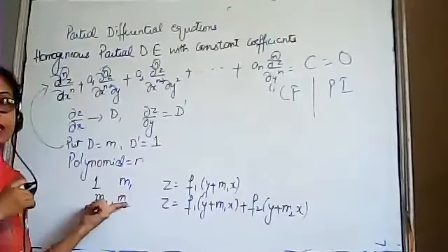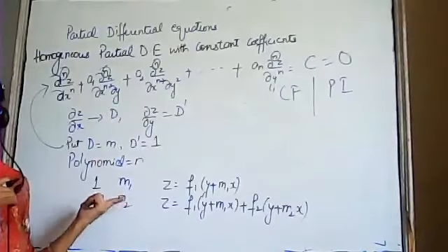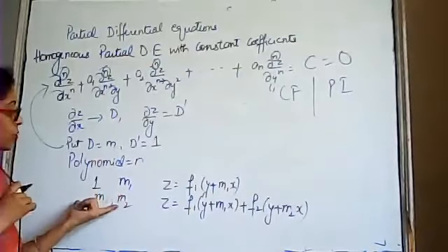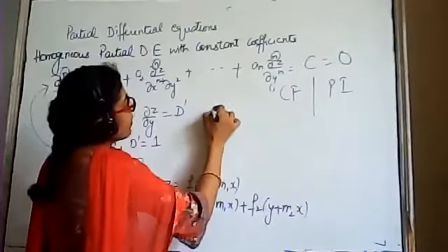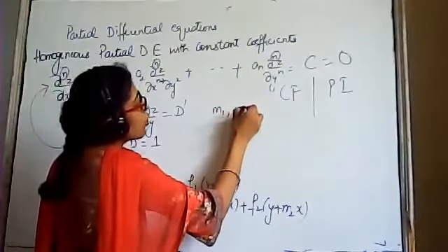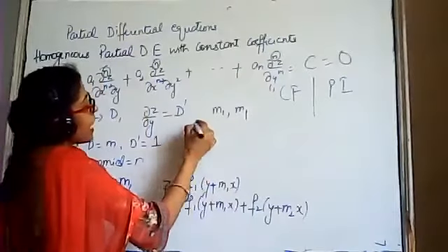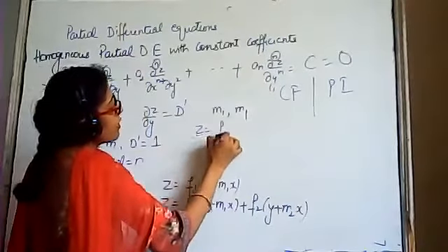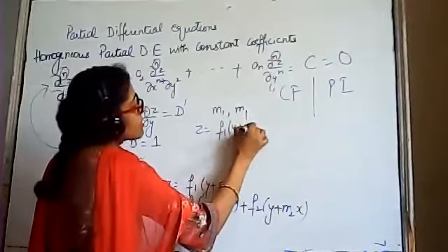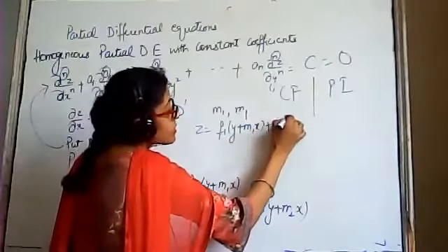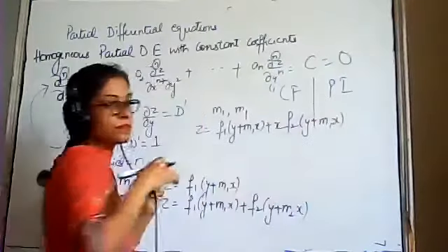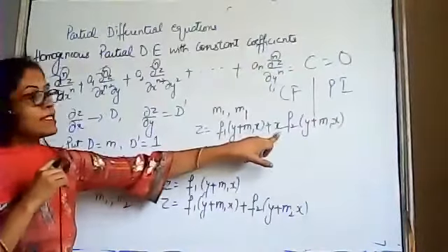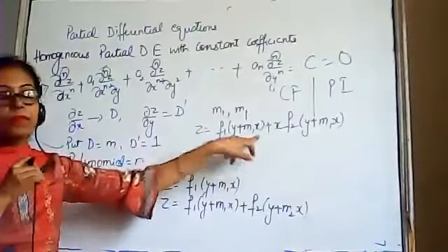But this is the case if all the roots are different. If we have same roots, let us say two roots and both are the same, the complementary function will be f1(y + m1x) + x f2(y + m1x). We add this x in the equation.